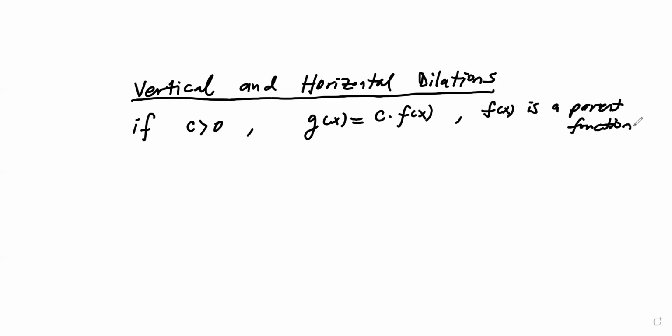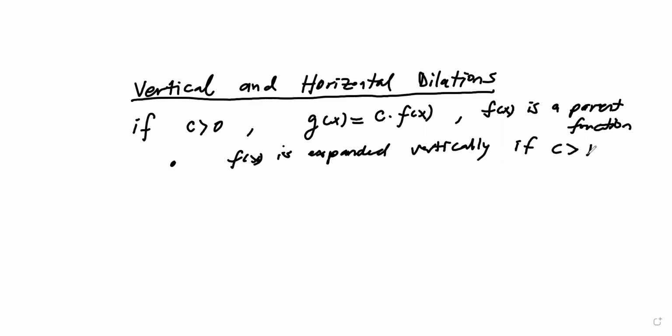So then, if c is bigger than 1, we will have two cases here. The graph of f of x will be expanded vertically when c is bigger than 1.